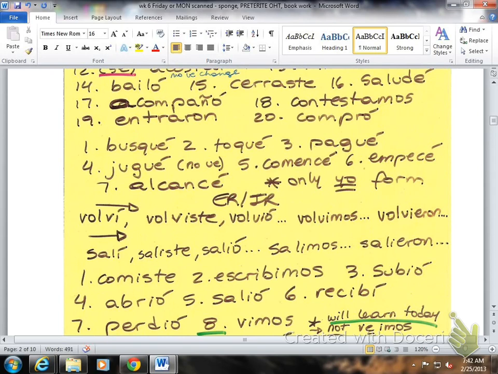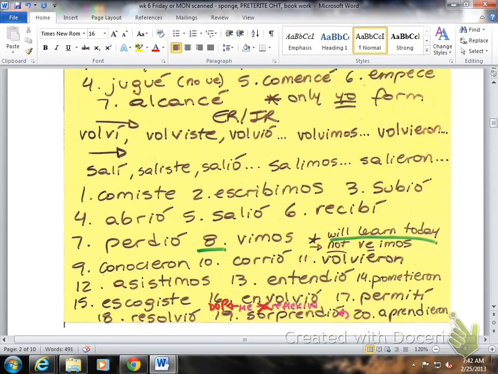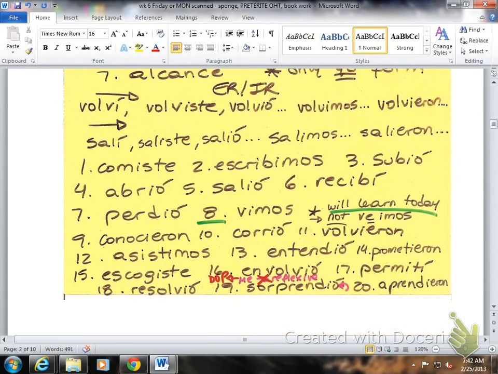Dar and ver, remember, have no accents, so technically I've already covered number 8 down at the bottom. And for number 16, that me in front of that verb is referring to a direct object pronoun, not a reflexive pronoun. So that's why it's the singular conjugation, not the yo form.